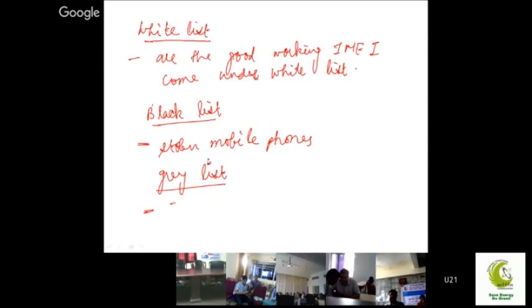Suppose from the last 10 to 15 minutes, I am not getting good signal strength. My signal strength is poor, constant for the last 10 to 15 minutes. What will my network do? The network will put my phone number into the grey list.